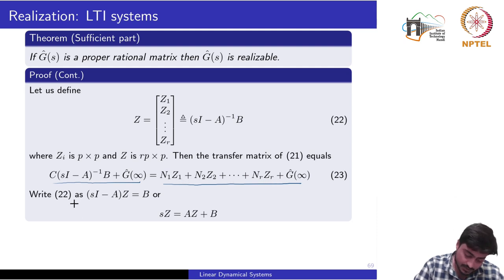Right? This equation I can also write as (sI minus A) Z is equal to B, by pre-multiplying both sides by (sI minus A). Okay, (sI minus A) Z equals B, or sZ is equal to AZ plus B.